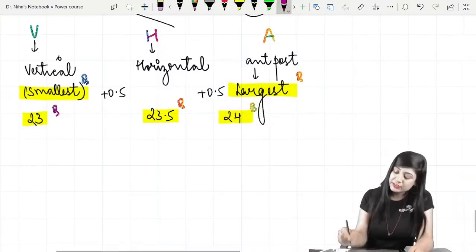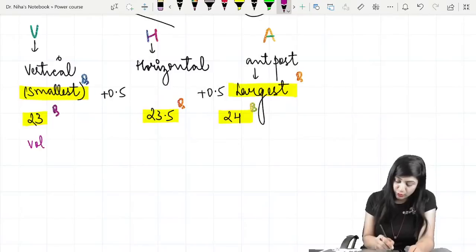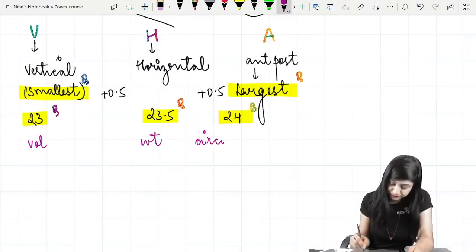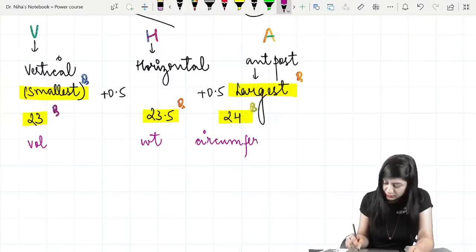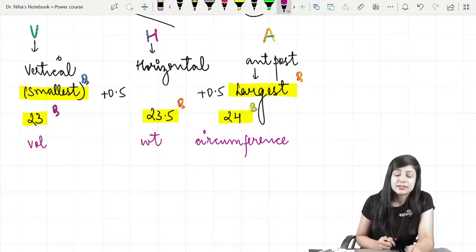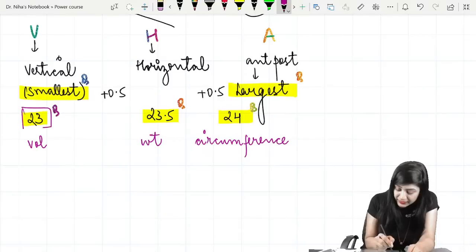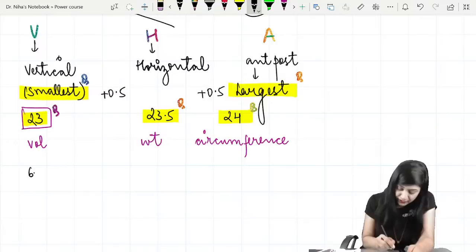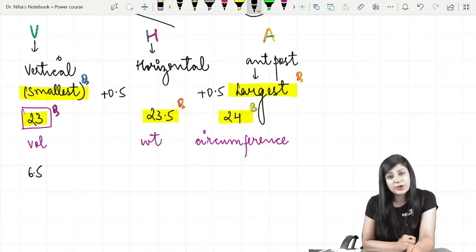Now if they ask you the volume of the eyeball, then weight of the eyeball and the circumference. So here you remember 23. Similarly, here we will remember 6.5.